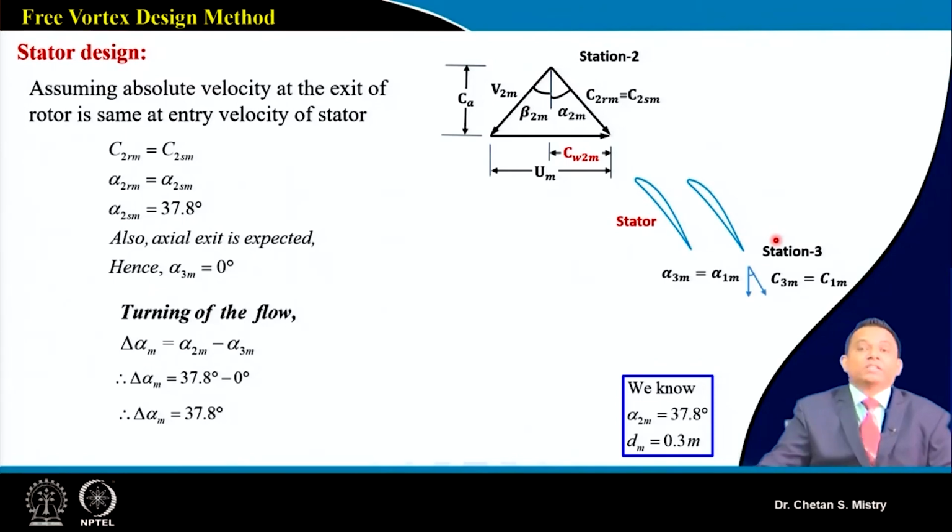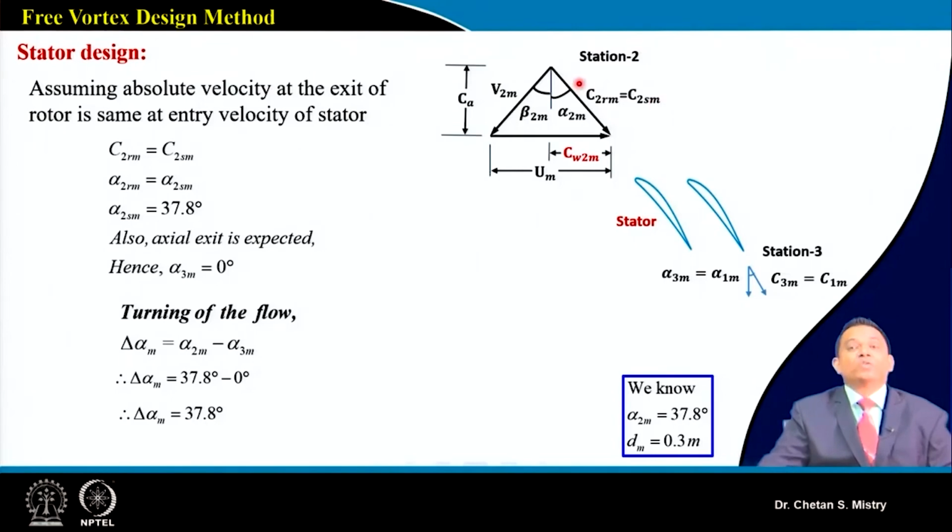Here in this case, what we are assuming is that my absolute velocity coming out from the rotor is the same as what is entering my stator. So C2 for the rotor and C2 for the stator are the same. This is our assumption.